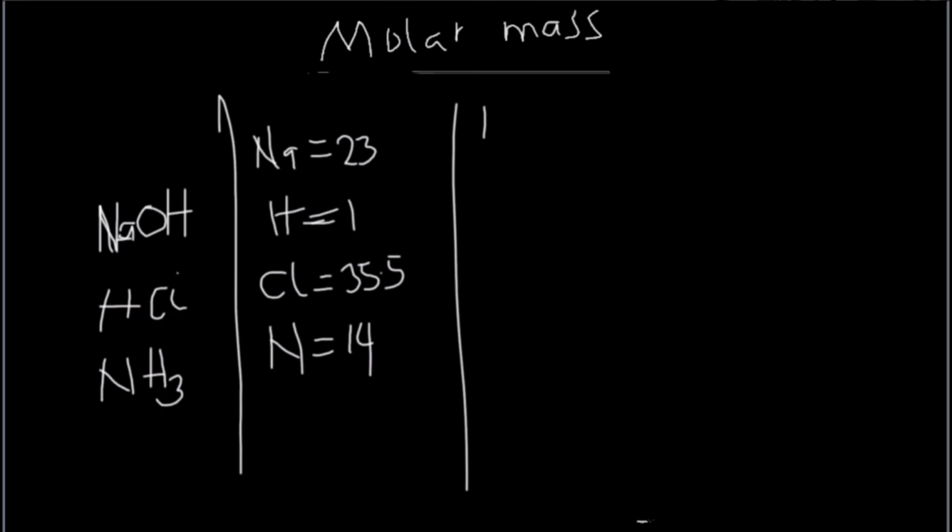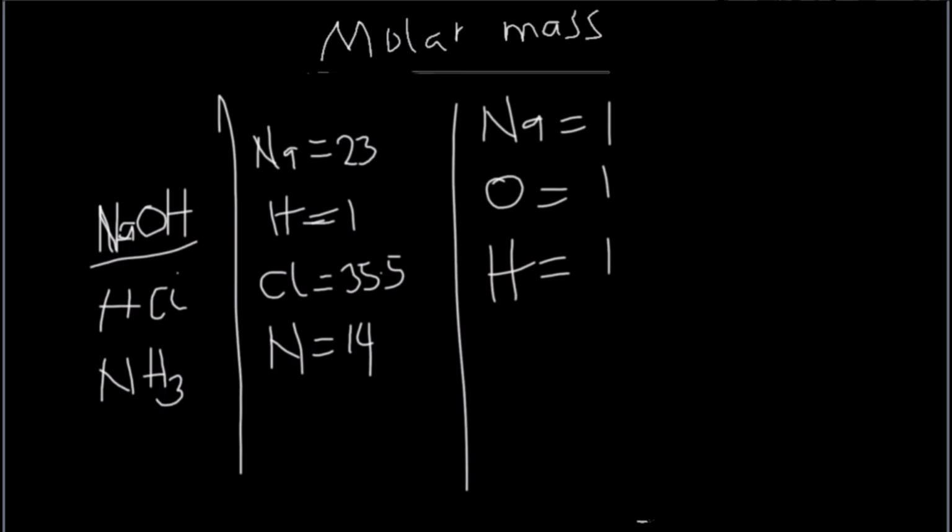So for the NaOH, we have Na, O and H. So Na is 1, O is 1, and H is 1. Then the next step, we multiply them by their relative atomic mass. So Na is times 23.